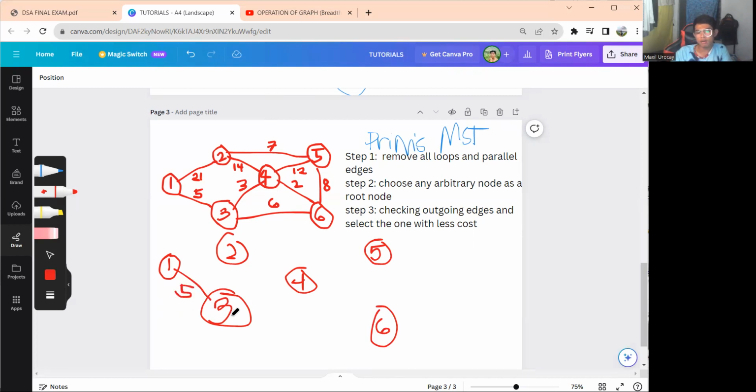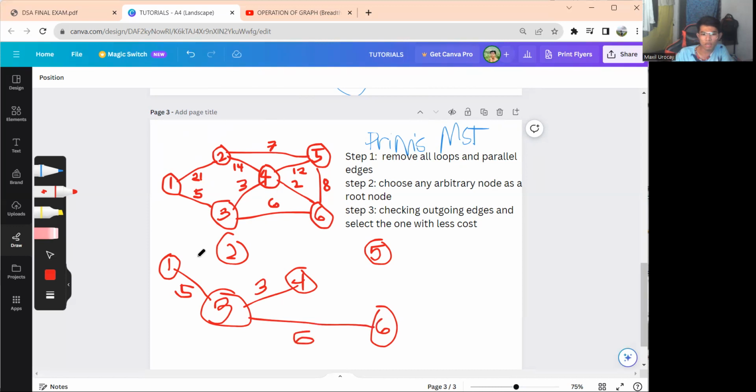Then, visit number 3. From number 3, we can definitely also check here. Is 3 to 4, how much? This is 3. So we can also visit there. 3 to 6 is not a cycle. We can also use that one.